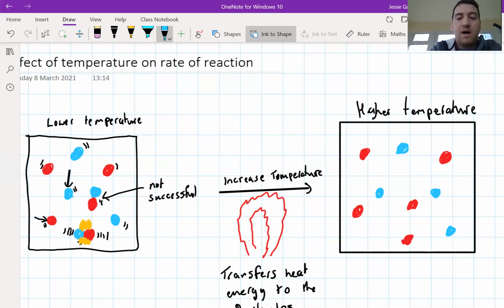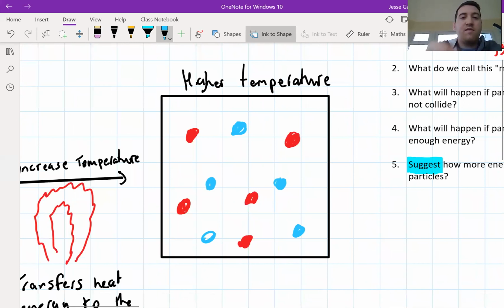How are these particles now different from the way they were before? They're different because all of the particles, or a lot more of the particles, will have gained a lot more of these motion lines. So as you can see, the particles, because they have more energy, are going to be moving around the container a lot more and a lot faster.